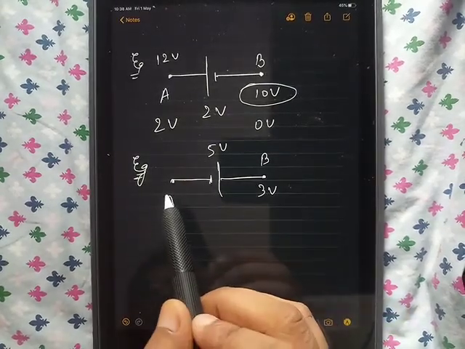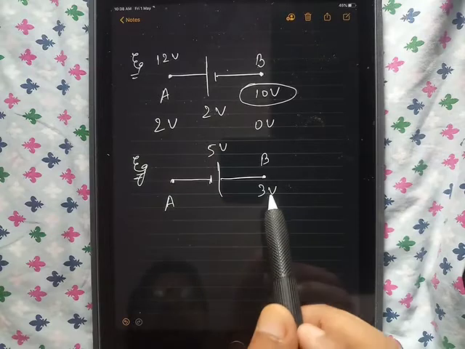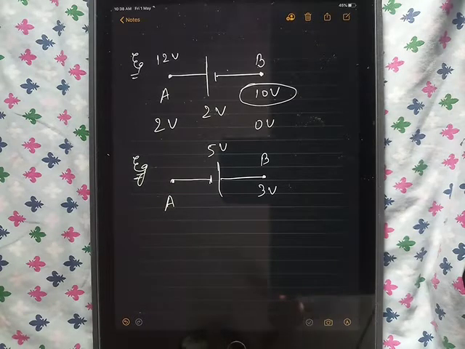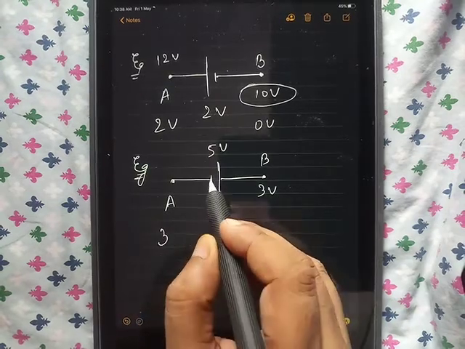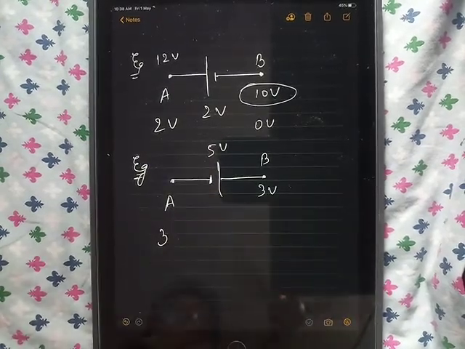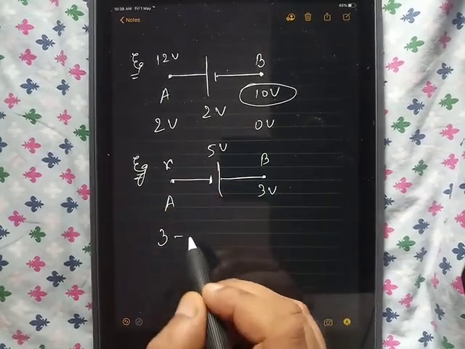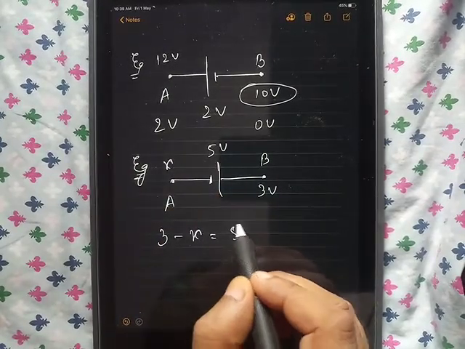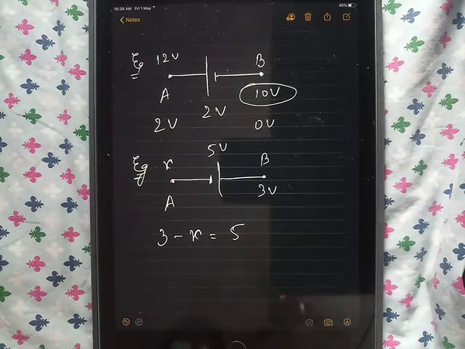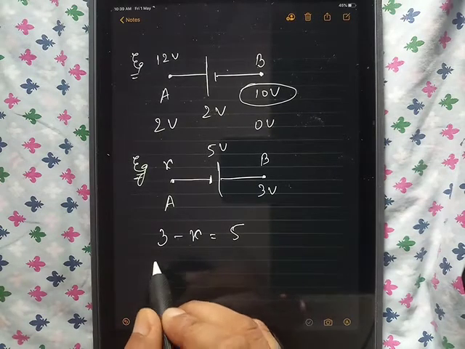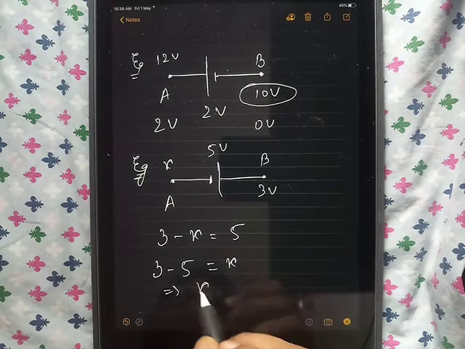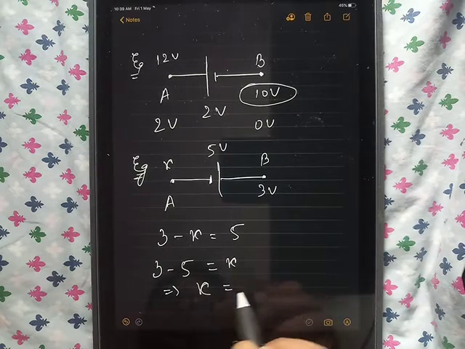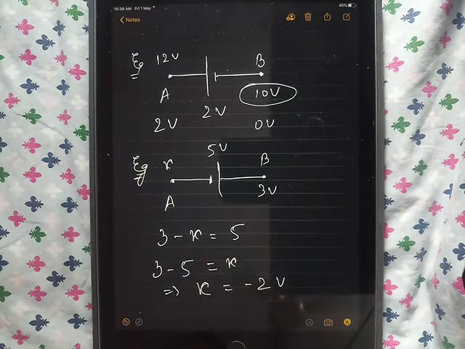Whatever the potential at A, it must be less than the potential at B. So we can easily write, as it is connected to negative terminal, that is low potential, 3 minus x equals 5, or 3 minus 5 equals x, or x equals minus 2 volt. So the answer will be minus 2 volt.